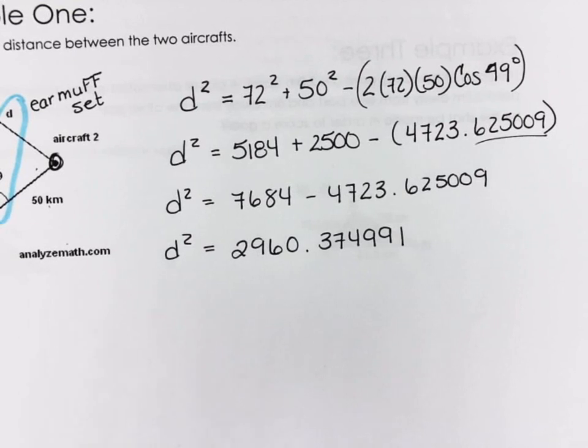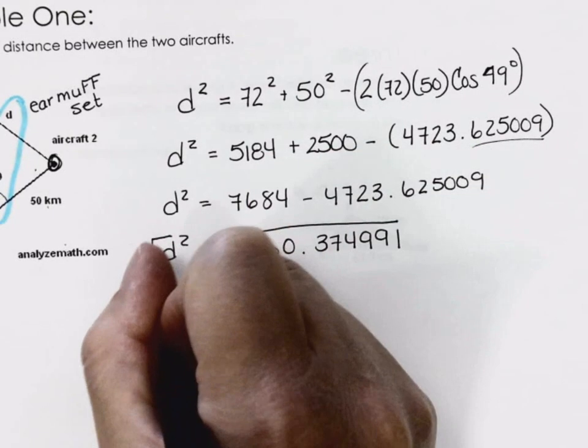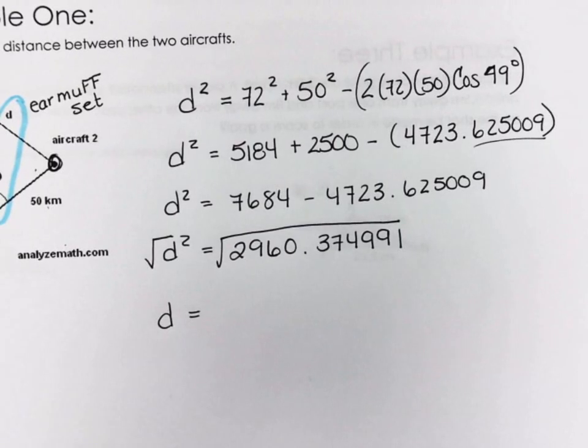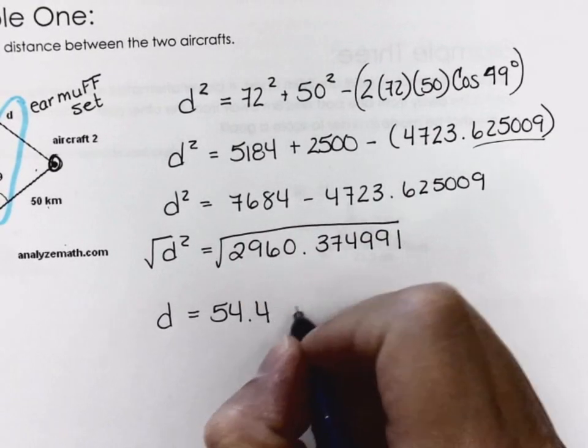Okay, I don't want d squared. Then you want to find the square root of it. Exactly. To get rid of the square. And we'll go 2 decimal places.